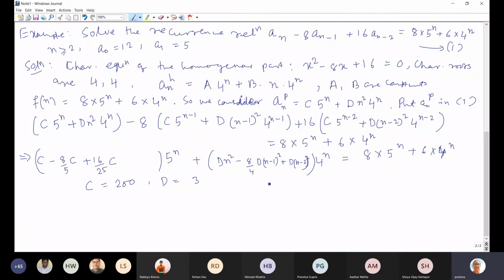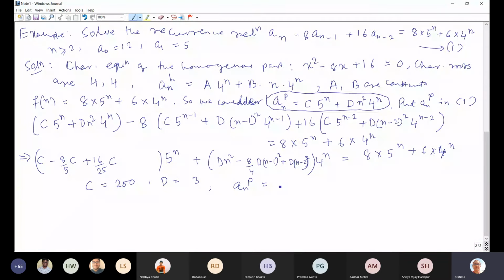So now we obtain this C and D in this fashion. Therefore the particular solution, we have substituted in this form.